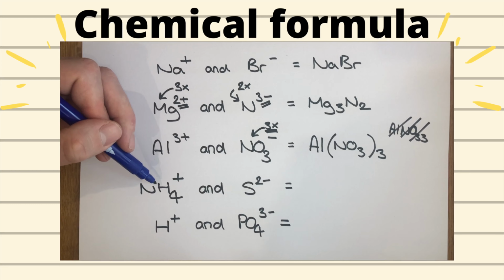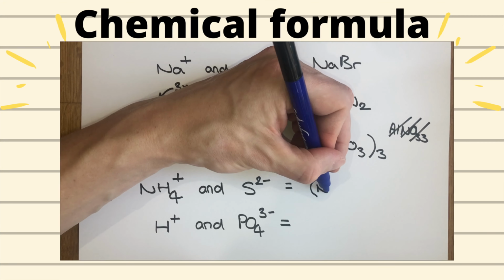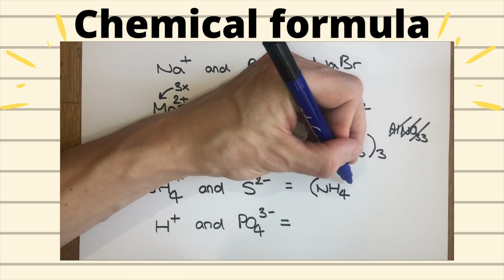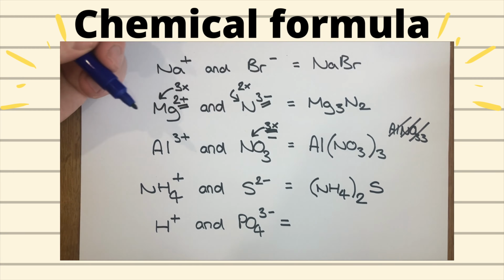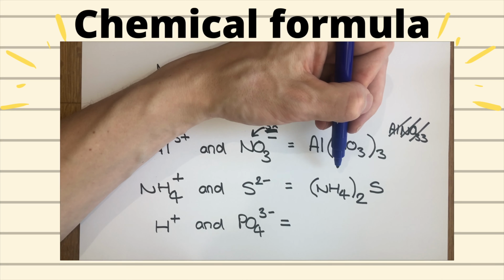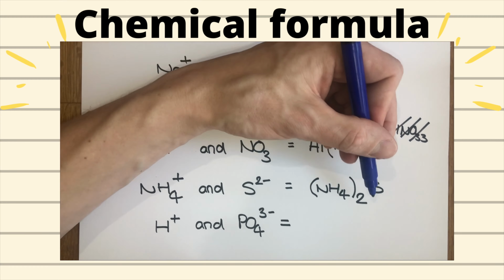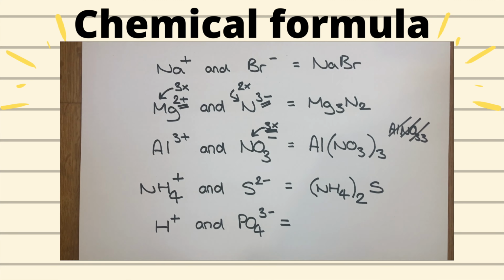I'm going to have to use brackets around this one in the formula. So I need 2 lots of the NH4, there we go, (NH4)2S, and 1 lot of the sulfide. It might seem a little strange to put the brackets at the front, and you could reverse it, it's just we typically stack things, cation component, anion component.